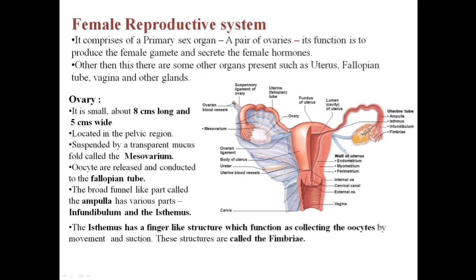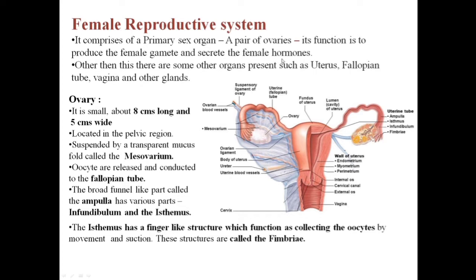But before starting with the structures in further detail, let us just revise what we had studied yesterday. The female reproductive system comprises two parts: the primary sex organ, that is a pair of ovaries, and the other organs. Same as in males, the function of the ovaries here is to produce female gametes and to secrete the female hormones.